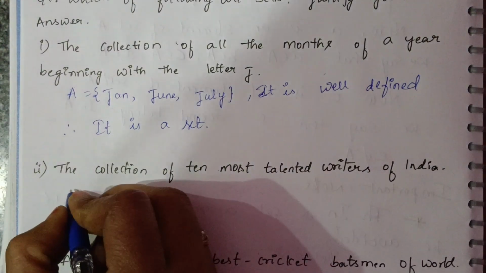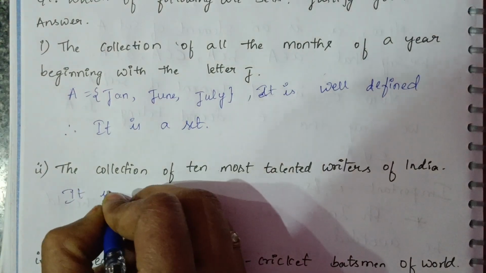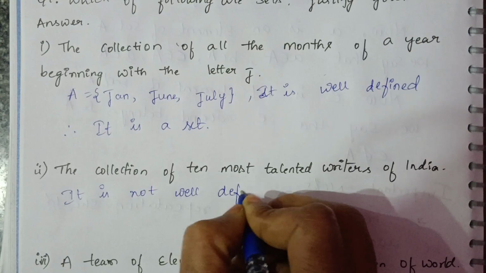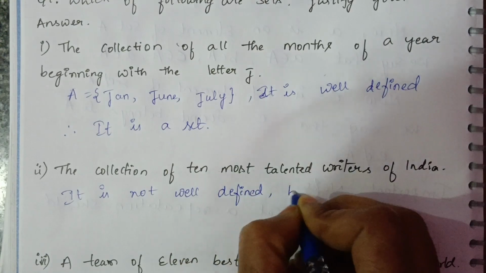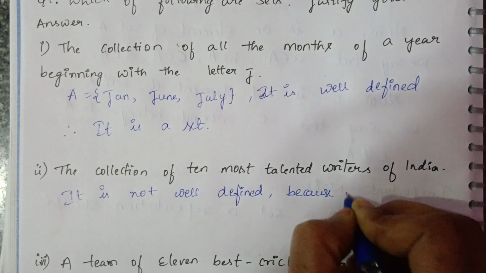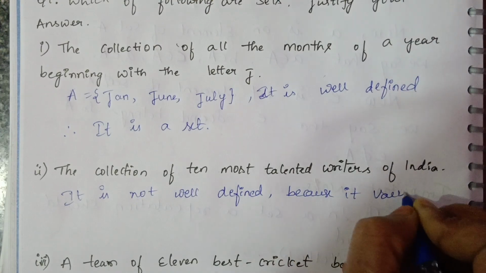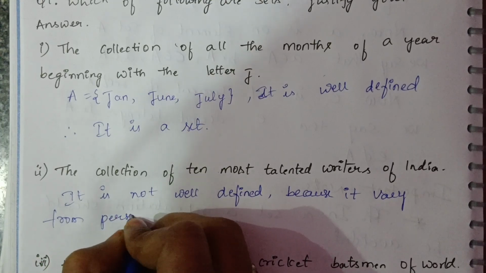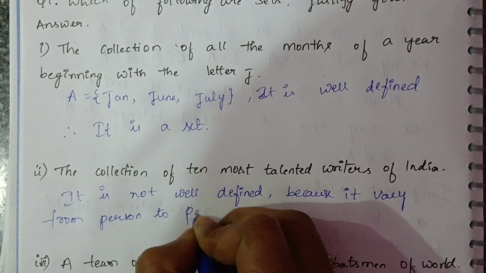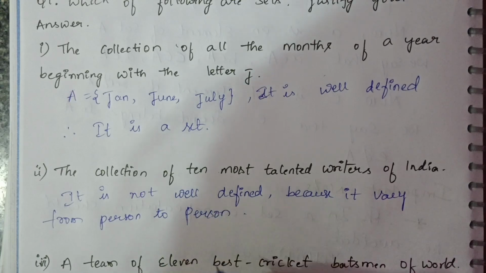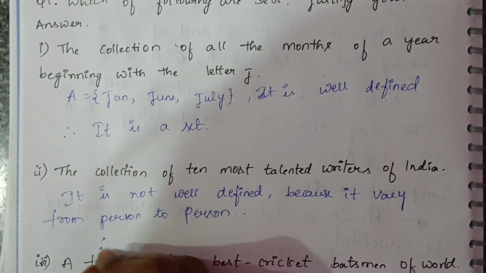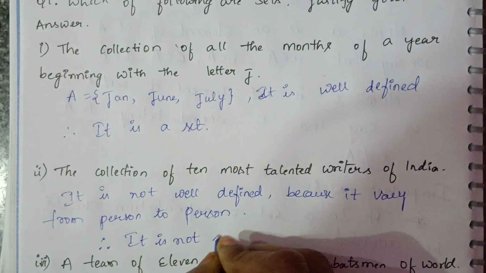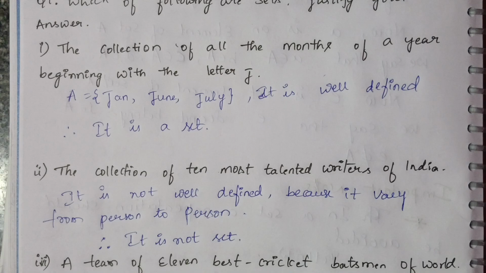So it is not well defined because it varies from person to person. Therefore, it is not a set.